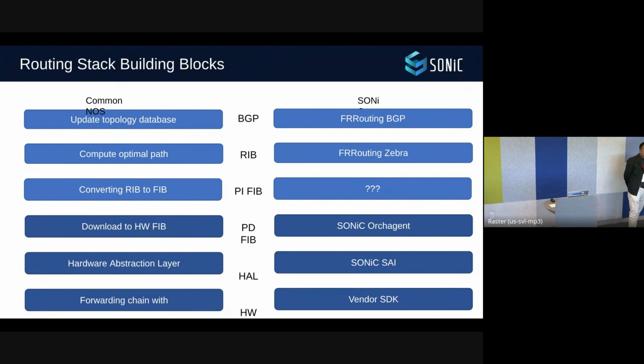As you can see in this picture, on the left side is what pretty much everyone in routing knows, whereas on the right side is what SONiC is proposing. Where I put the question mark is because today the RIB and FIB are all bundled into a single piece of code within FRR routing, the Zebra portion.